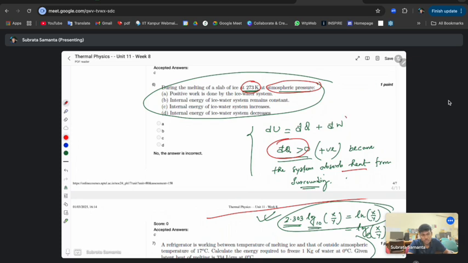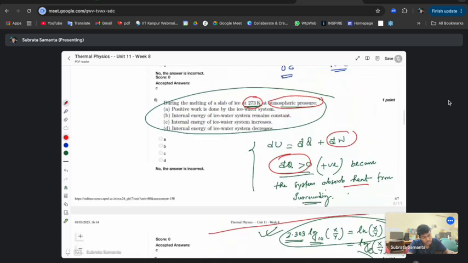So dW: is it positive or negative? dW is basically work done, right? You can write dW as minus P dV. Now at atmospheric pressure, that means pressure is constant, so P is constant.